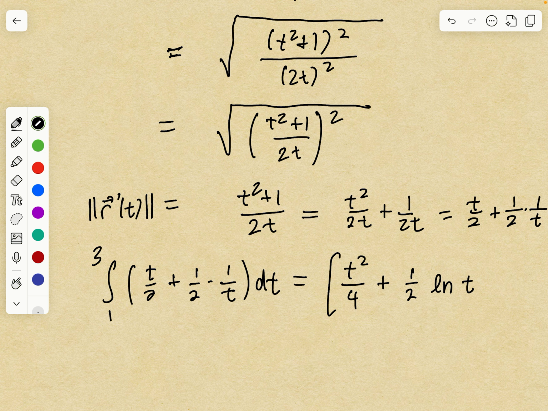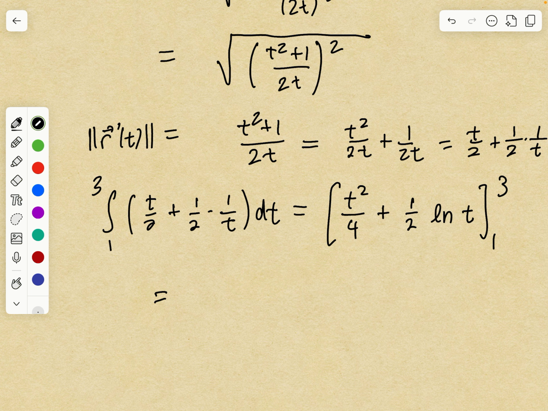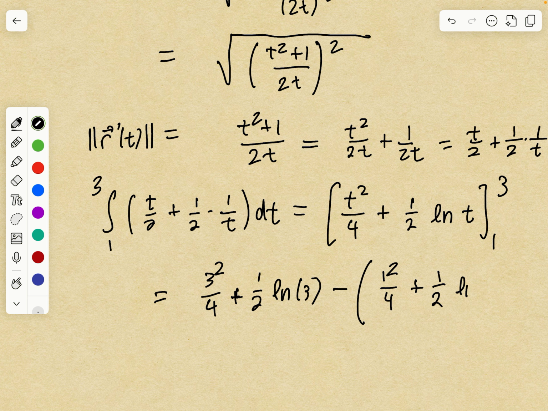So I need to evaluate this from 1 to 3, and I get 3 squared over 4 plus 1/2 times the natural log of 3 minus parentheses 1 squared over 4 plus 1/2 times the natural log of 1.